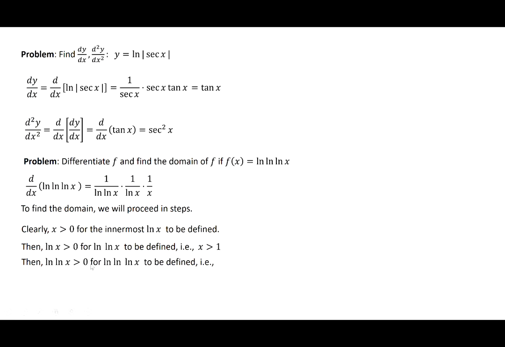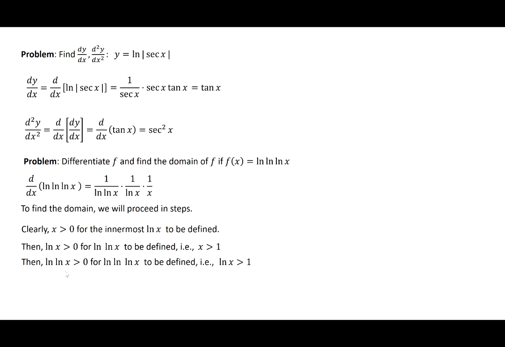Okay, proceeding in that same fashion, to be able to figure out the outside natural log of natural log of natural log of x, this natural log of natural log of x must be greater than 0. Okay, what does this mean in turn? Well, again do the same thing. e raised to natural log of x must be greater than e to the 0. Okay, that is natural log of x must be greater than 1.